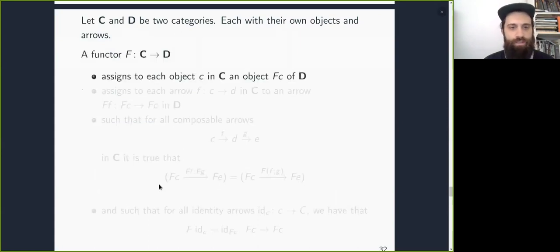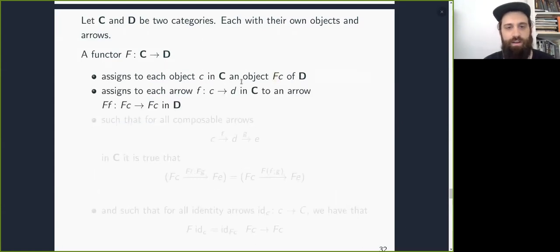And we'll draw a functor like this, from C to D. That means for every object in C, a functor will return another object in D, and we denote it F of C. And then to every arrow in C, it'll return an arrow in D. Notice if an arrow in C goes from little c to little d, then the image of this arrow, after applying the functor, has to go from the image of little c to the image of little d. Oh, that's a typo here. That should be little d.